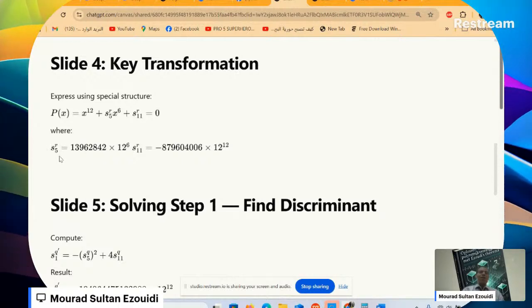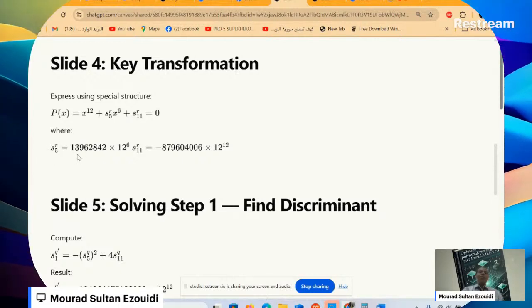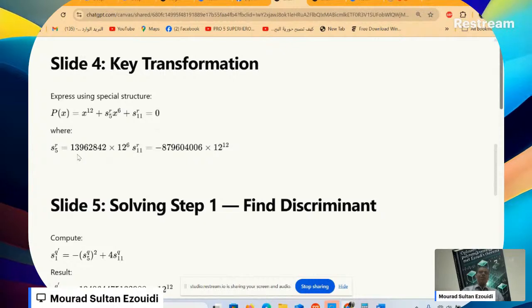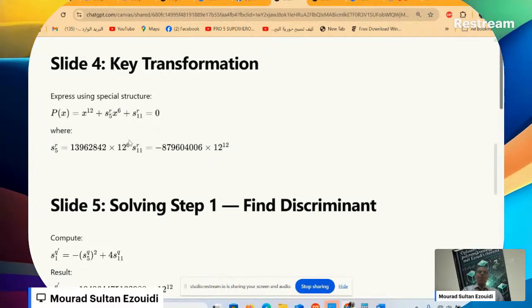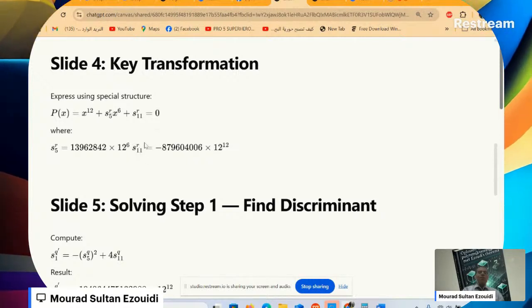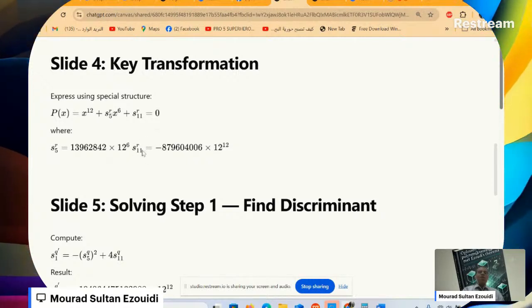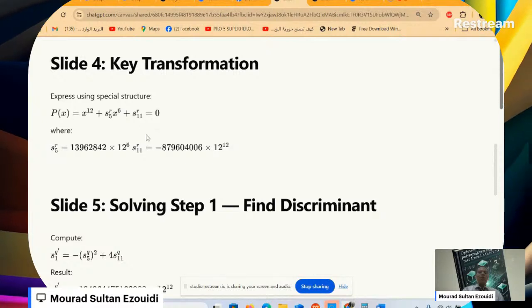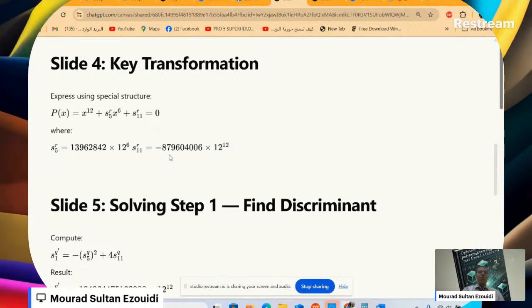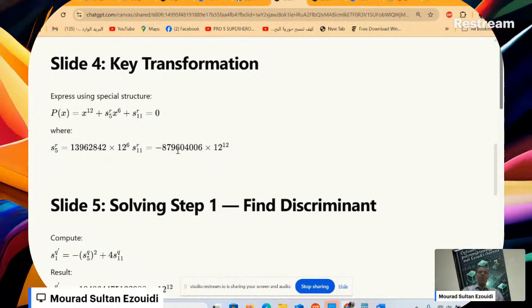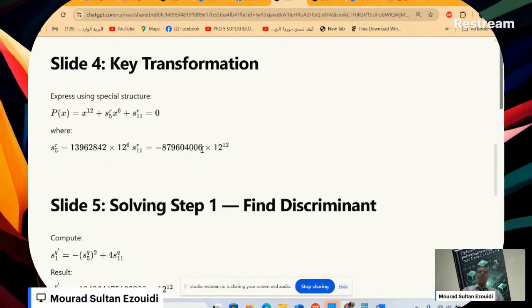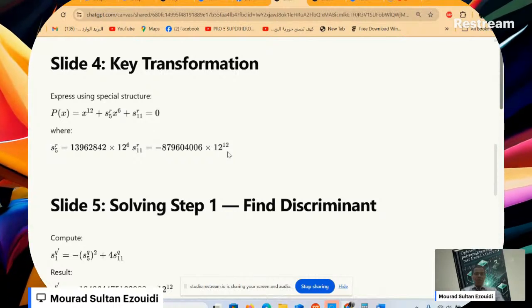So here S5, my learners, professors, and colleagues, is equal to 13,960,842 times 12 raised to the power 6. And the last coefficient of my new 12-degree equation has to be equal to negative 879,604,006 times 12 raised to the power 12.